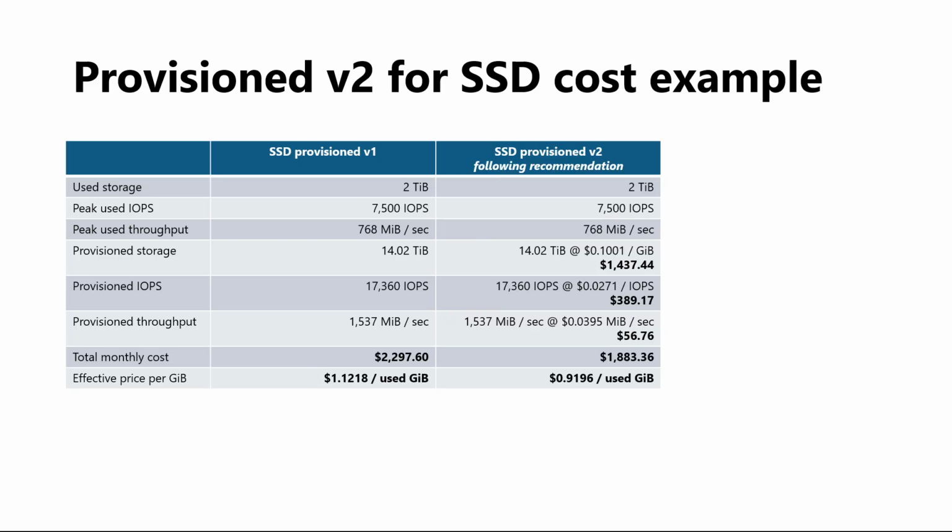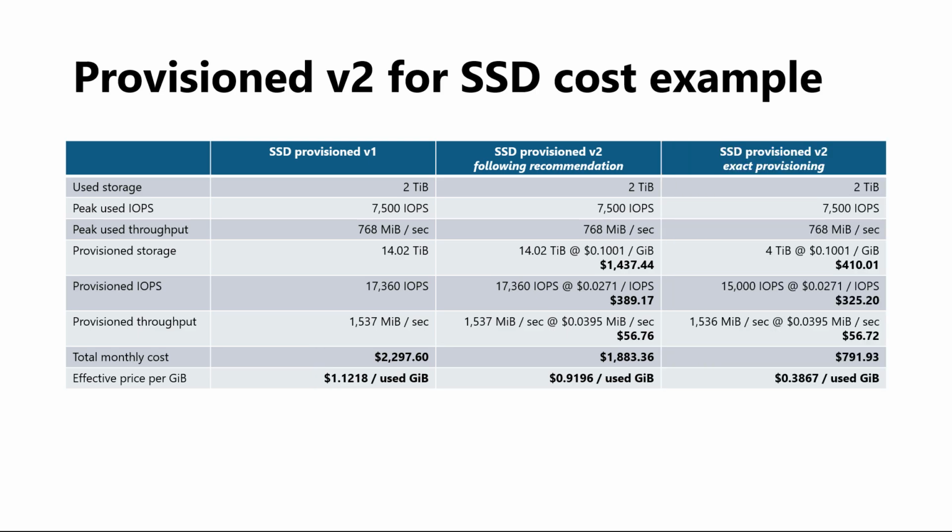And I just want to illustrate that when you move to the provisioned v2 model, if you do the exact same thing, you follow the recommendation, you end up with exactly the same amount of storage, IOPS, and throughput, you're getting a discount right away just from using provisioned v2 without changing any of your provisioning. And the reason for that is because we've dropped the price a little bit with provisioned v2.